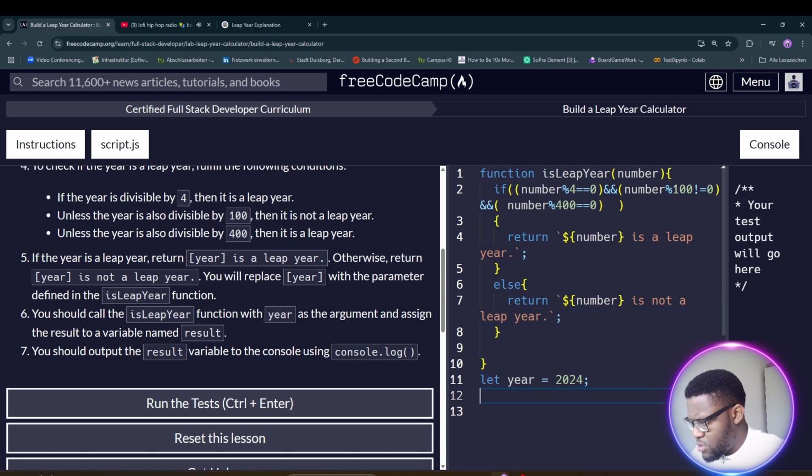Let me just do step 6. Step 6, you should call the isLeapYear function with year as the argument and assign the result to a variable named result and console.log the result.